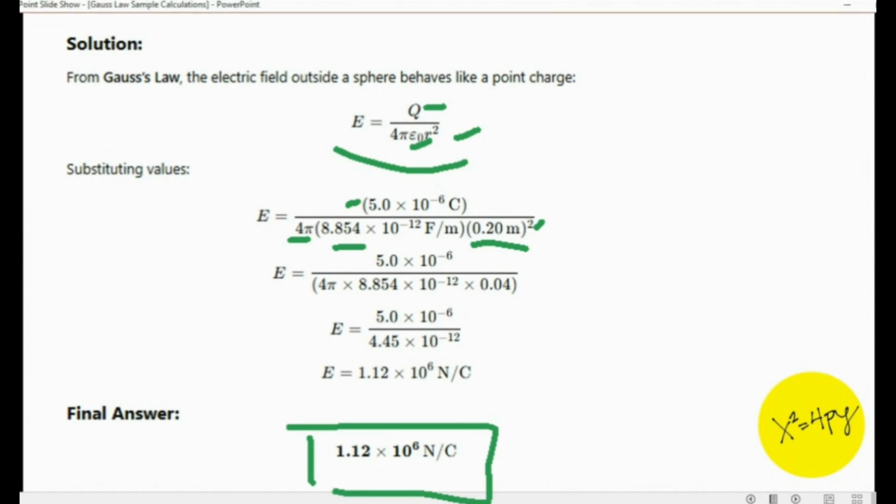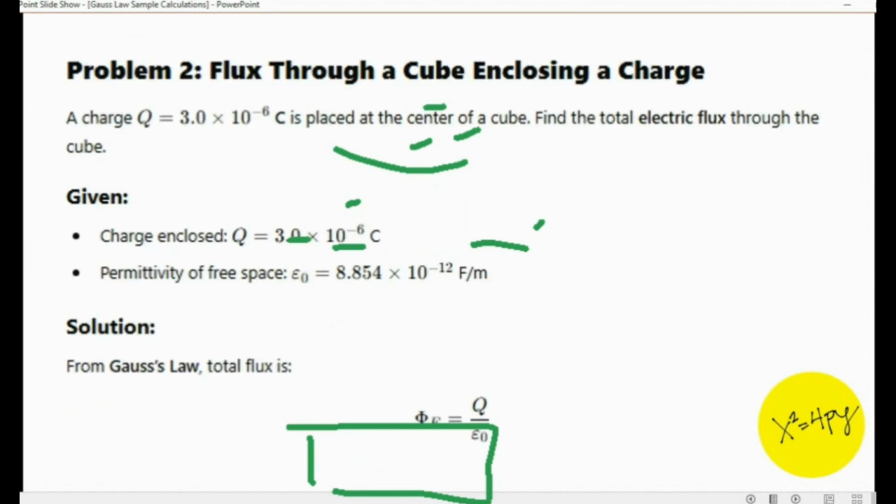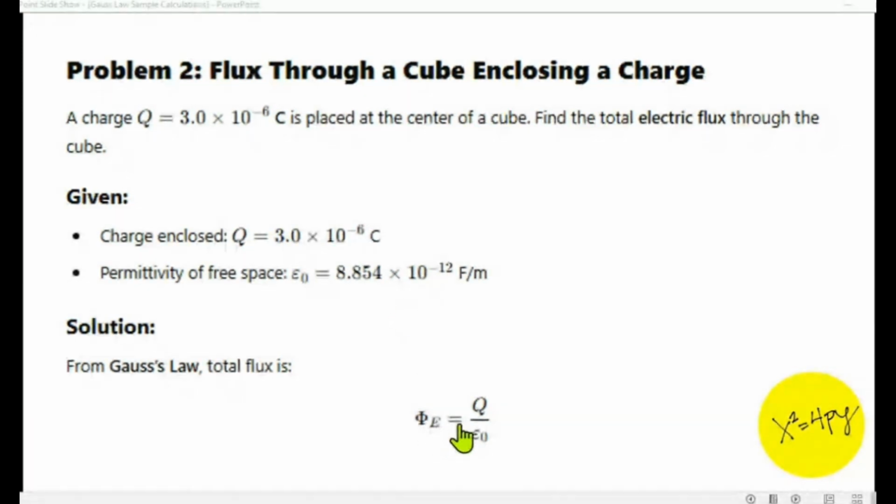Now moving forward to Problem number 2, on flux through a cube enclosing a charge. The problem reads: a charge of 3.0 times 10 raised to negative 6 coulomb is placed at the center of a cube.